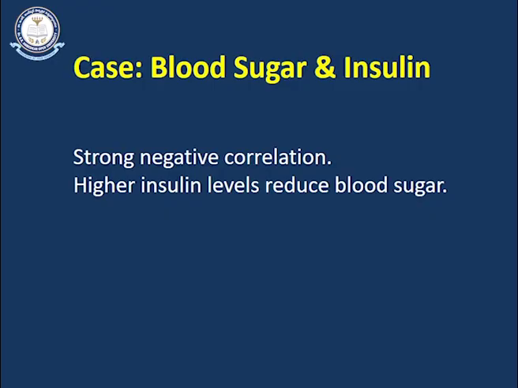The other one is the public health survey. Let us look quickly at some examples, like blood sugar and insulin. There is a strong negative correlation between blood sugar and insulin. If you take insulin regularly, then your blood sugar will come down, isn't it?